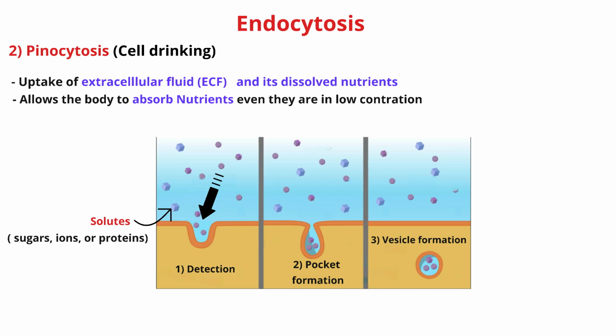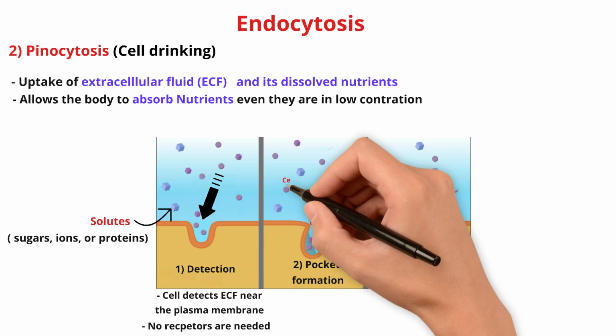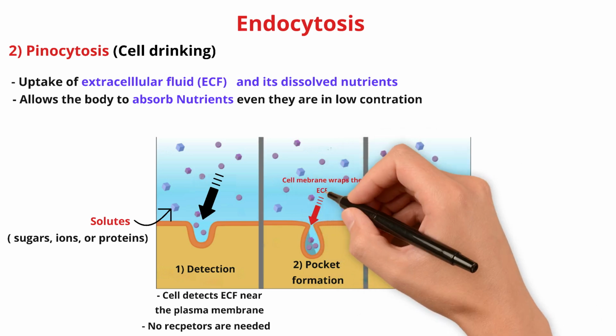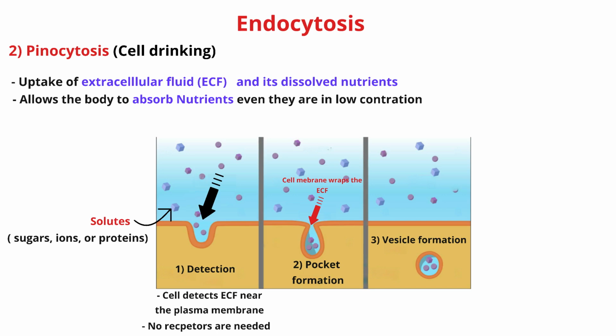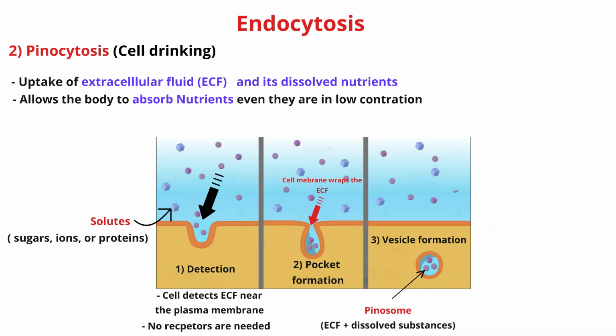In the initial stage of pinocytosis, the cell detects the presence of extracellular fluid around its membrane. This process does not require specific receptors or signaling molecules. Instead, the cell membrane begins to invaginate, forming a small pocket that captures the surrounding fluid and any dissolved substances in it. As this vesicle is pinched off, it forms a vesicle called the pinosome, containing the fluid and its dissolved substances.